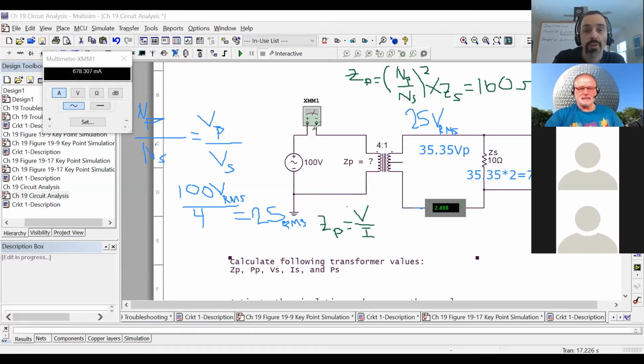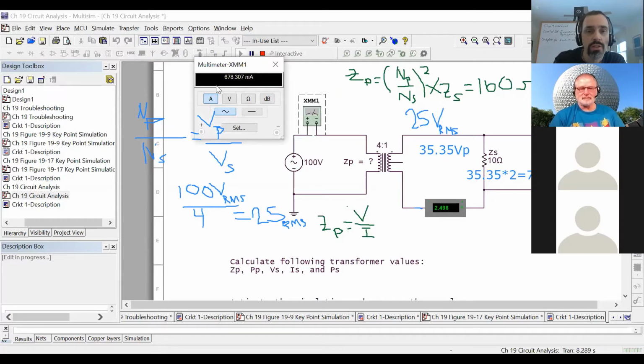So first of all, we're going to find the current. Let's turn this guy on because we need the current. If I turn this on, where is that guy? There she is. Can everybody see the 678 milliamps right here? Yes, we can. So that's 678. And we have 100 volts.